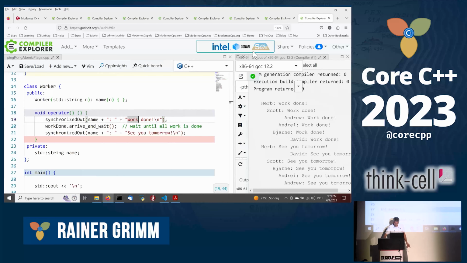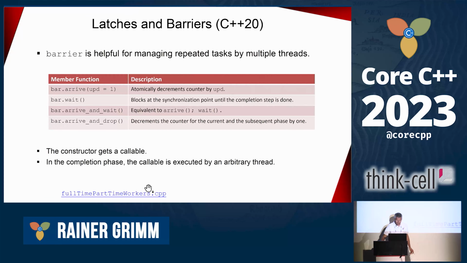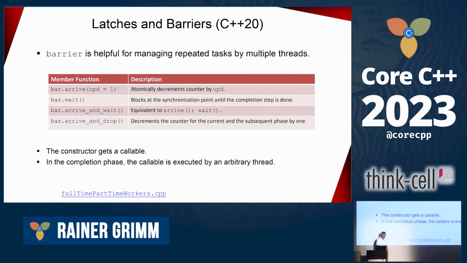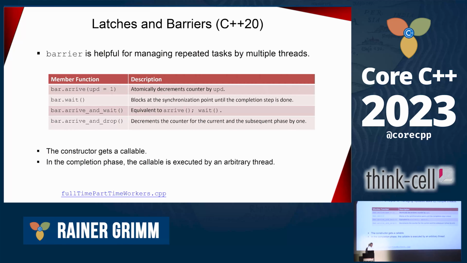This is a barrier. So it can essentially do the following things. It can arrive, which means it decrements the counter by default by 1. It can wait. It can do arrive and wait, and arrive and drop.